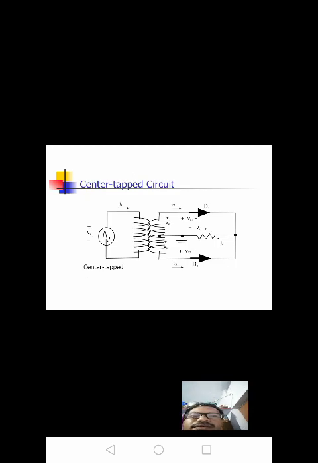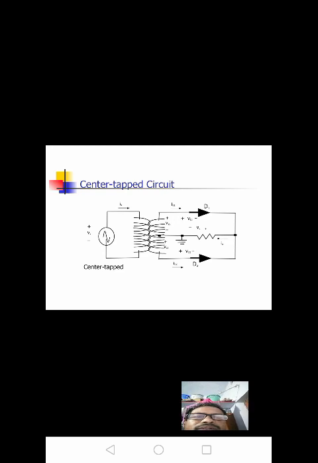Center tapped circuit. Here we are using a center tapped transformer. For the load connection, the center tapping is required. Here we have to use only two diodes. During the positive half cycle, diode D1 is conducting.